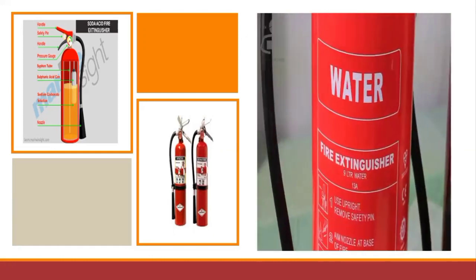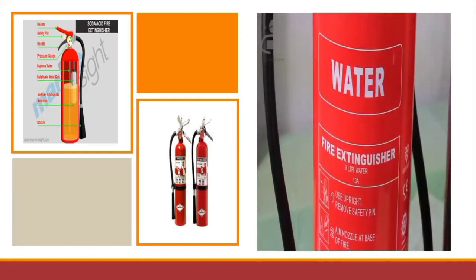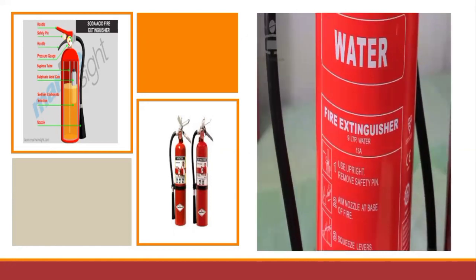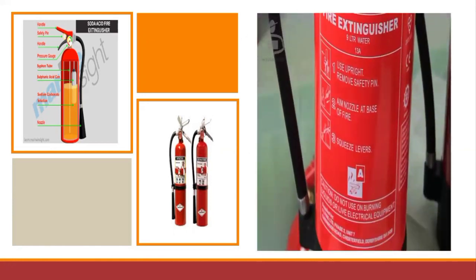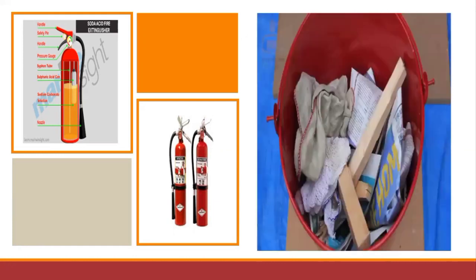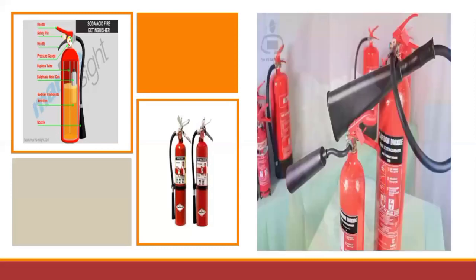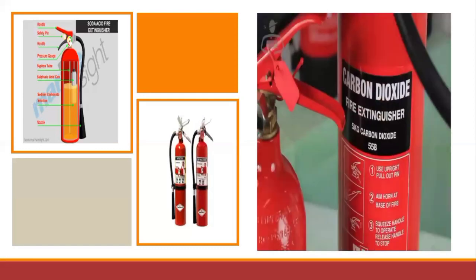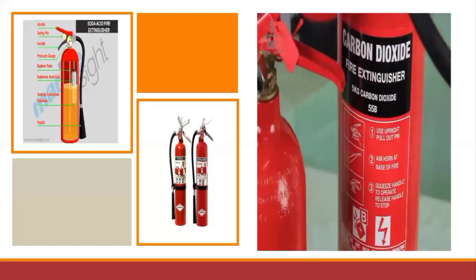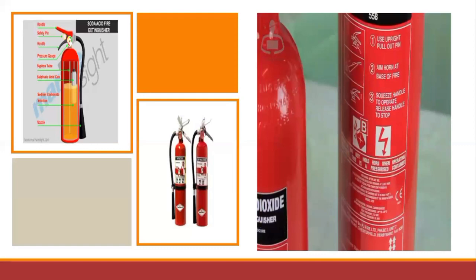As it was enumerated and mentioned in the table, it only emphasizes that not all fire extinguishers have the same uses, but instead it depends on what classes of fire you are dealing with, because they have different contents.